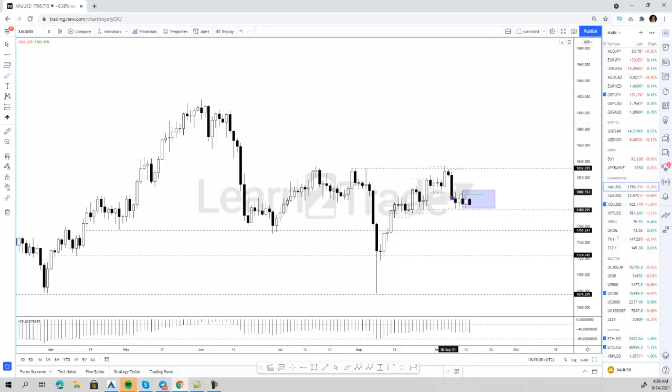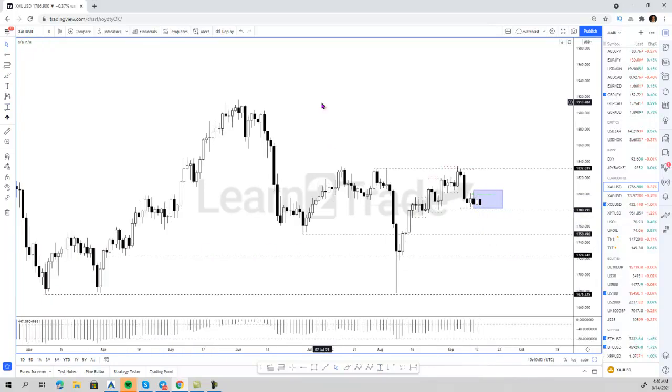A break to the downside would bring us at least to a retest of these lows, the June 28th lows. And that would give us a nice 300 pip trade.